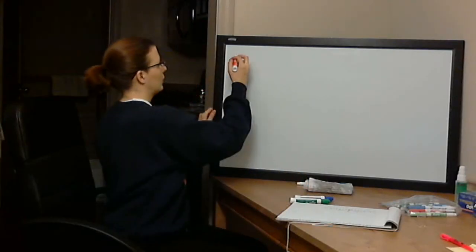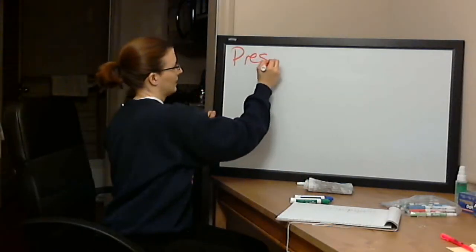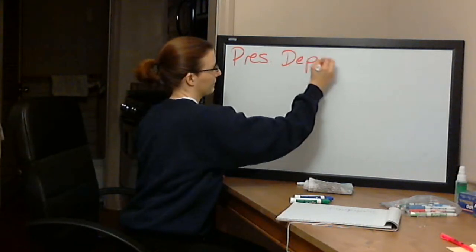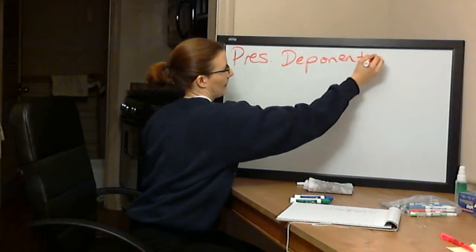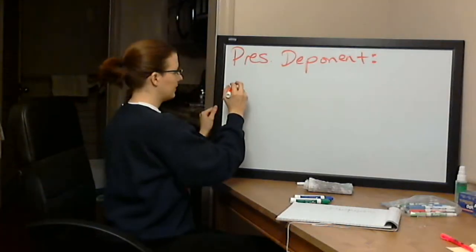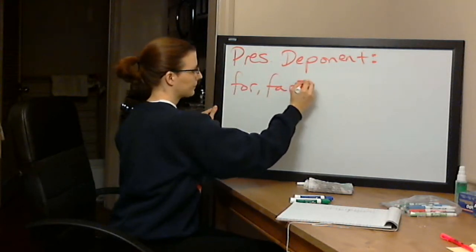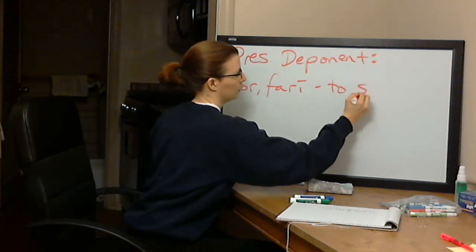So if we go back to present, we can't call it active or passive. We have to call it present deponent. And for that, it's just, again, the second principal part. So if you've got fari, that, of course, is just to speak.